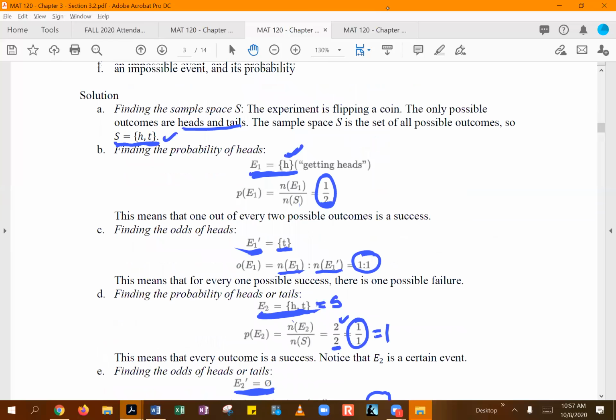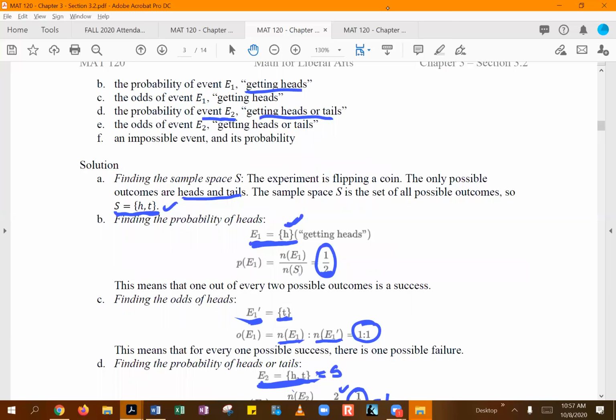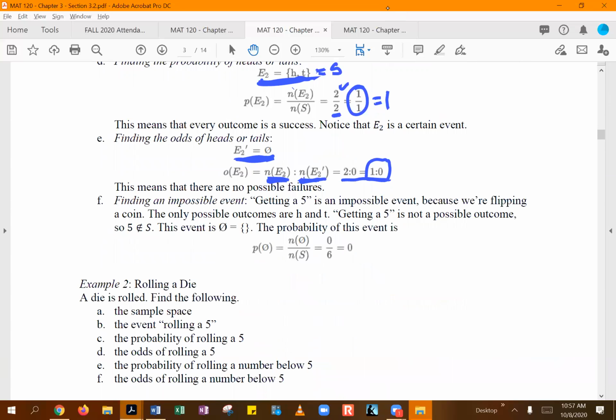The last one is talking about an impossible event and its probability. Since this is a coin that is being tossed, they were saying, okay, can we get a 5 when we toss a coin? Well, that will be an impossible event, because by flipping a coin, you're not going to get 5.